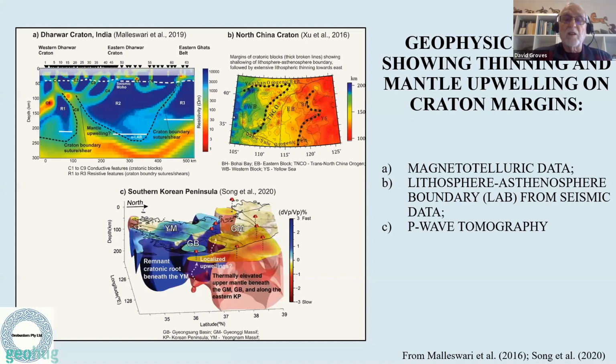The second one shows the North China Craton. We've got zones of lithosphere and asthenospheric uprise around the lithosphere. And then the bottom one, C, shows the incredible complexity of these margins, where you need a whole lot of data, as I've mentioned, that Graham Begg has amassed over the years to try and understand exactly what the geometry of these systems is.